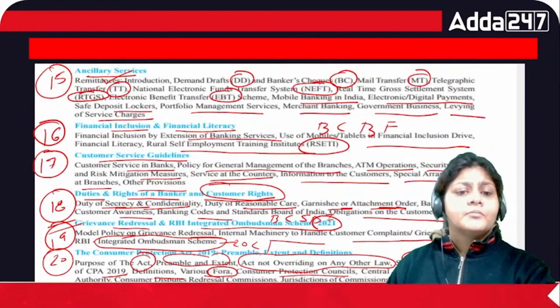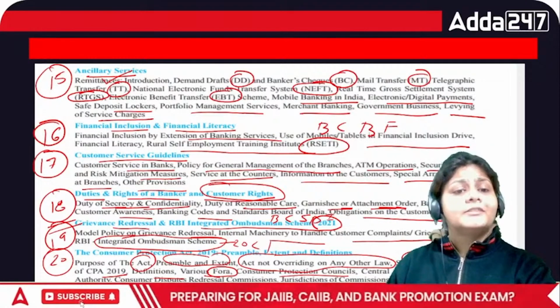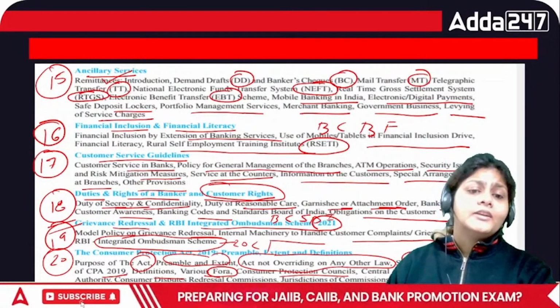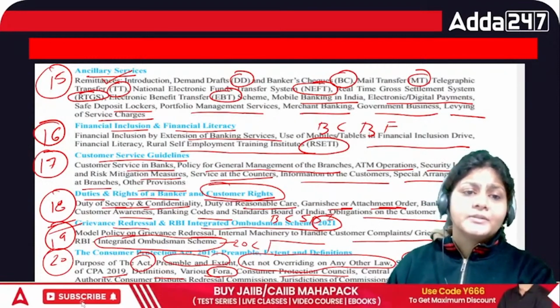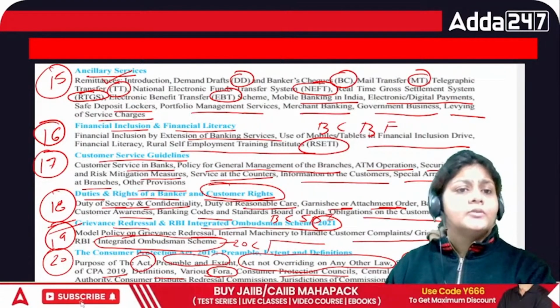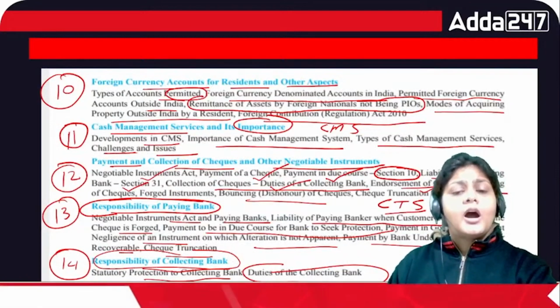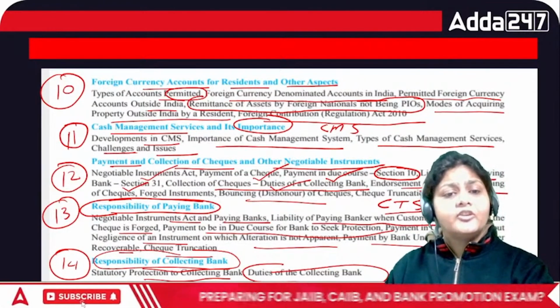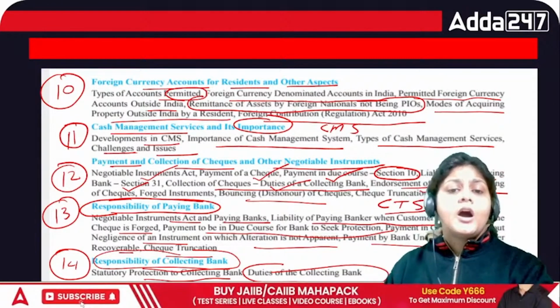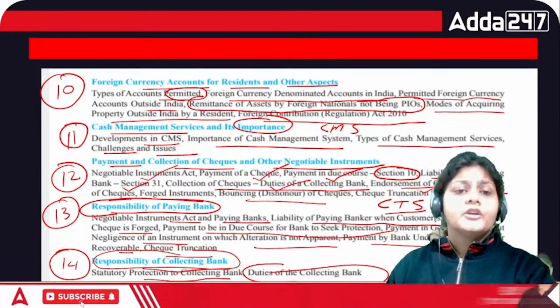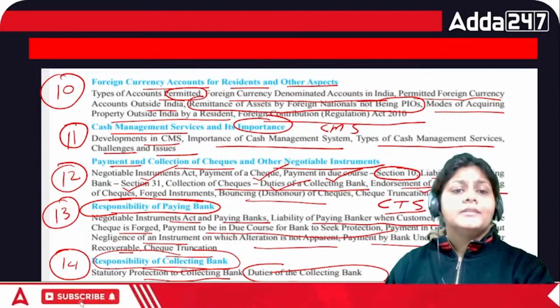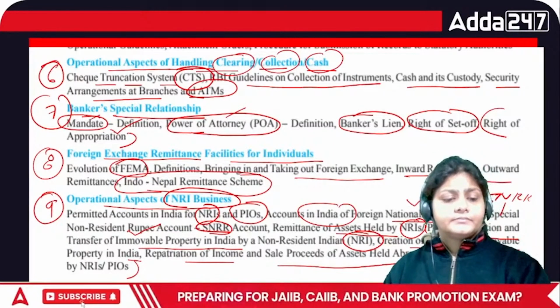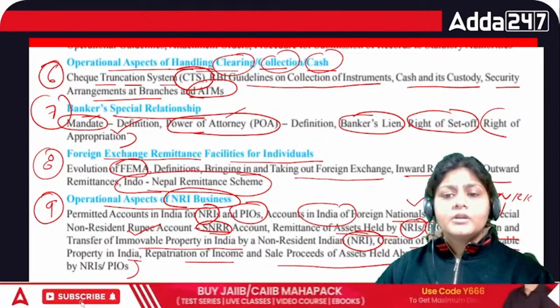Consumer protection, grievance redressal, integrated ombudsman scheme, the rights of the banker, customer rights, customer service guidelines, financial inclusion, ancillary services, how we can deal with the NRI account, NRO account, what is the responsibility of paying bank, collecting bank, how you can do the collection of cheque, payment of cheque, then CMS, right? All we need to cover.